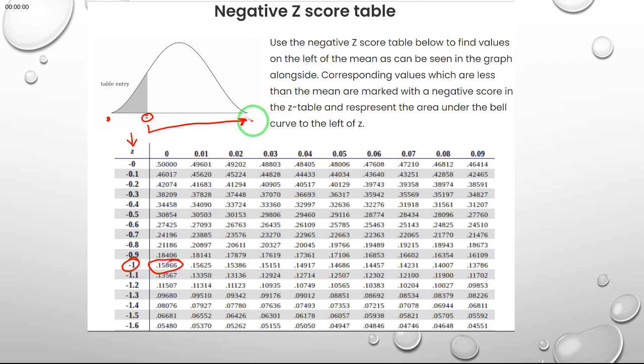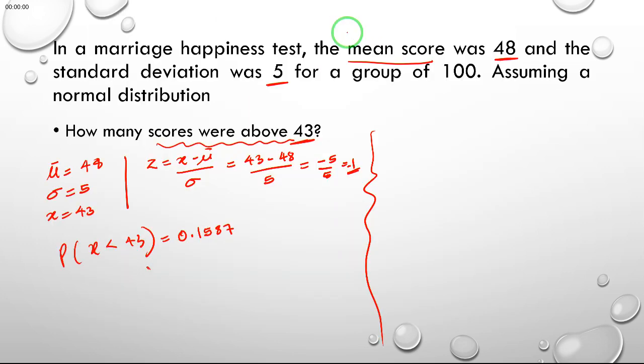The best way to do that is to say that P(x > 43) equals 1 minus this probability, which is 0.1587.